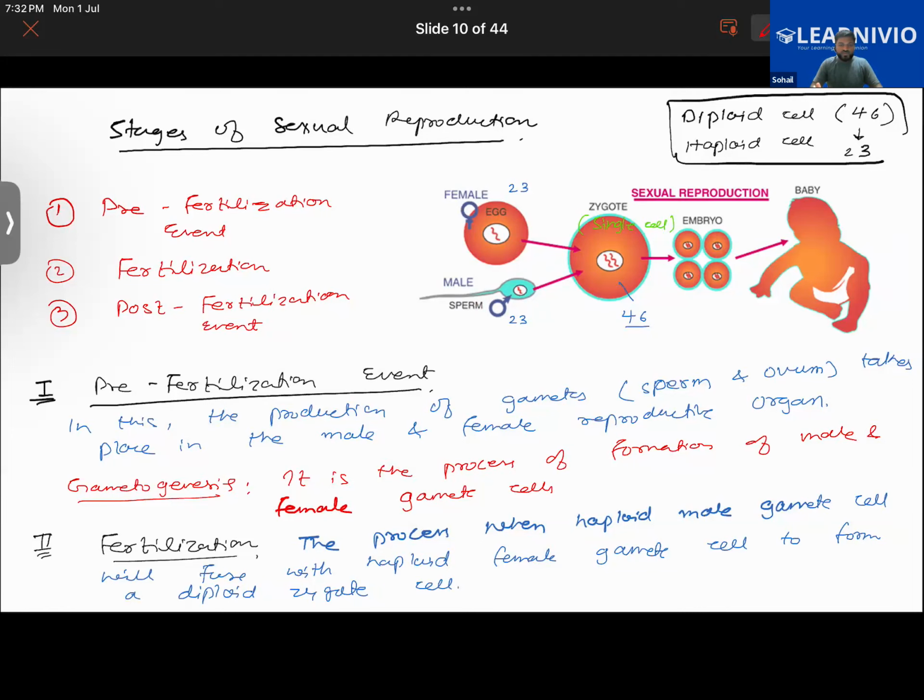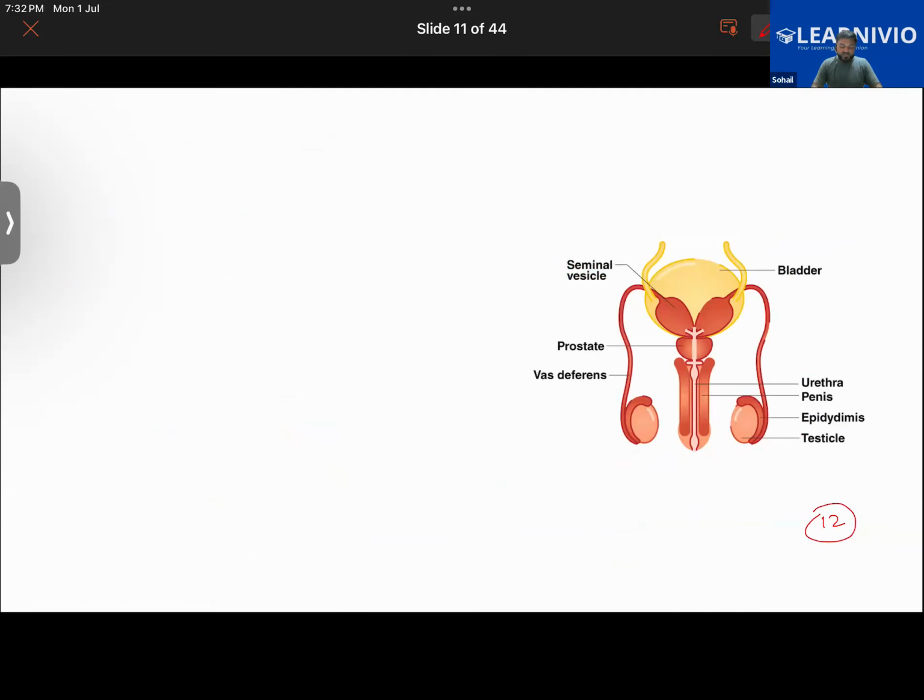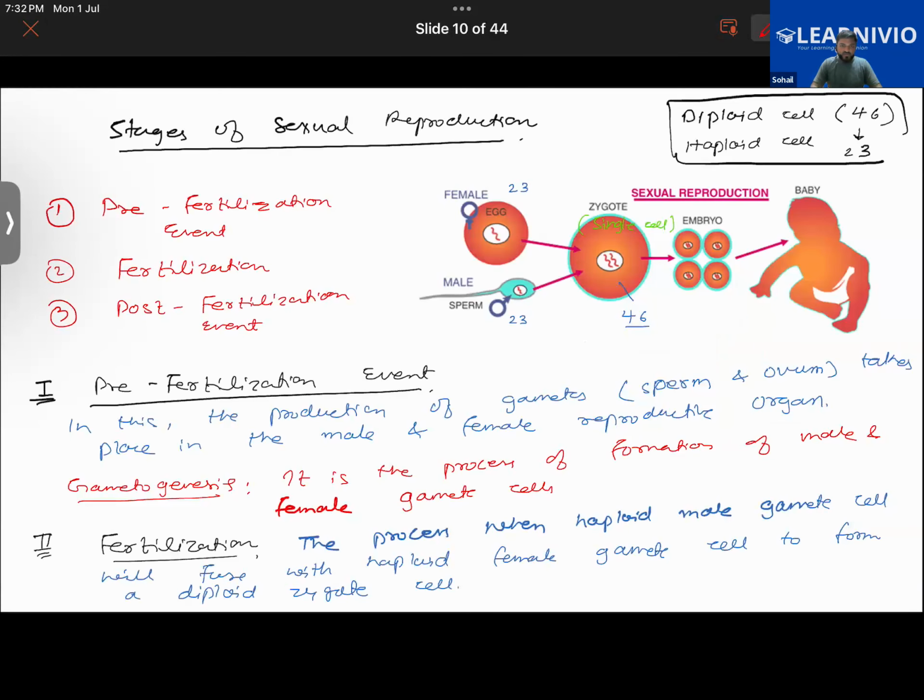If there is no sperm and no ovum, how will the fertilization take place? How will they fuse? So first of all, sperm has to be formed in the body. When a male child reaches the age of 12 years, the testes start to produce sperm. So that's an event before fertilization.